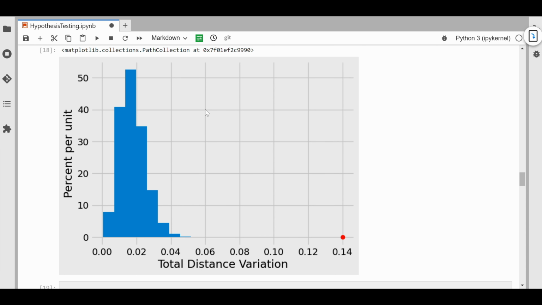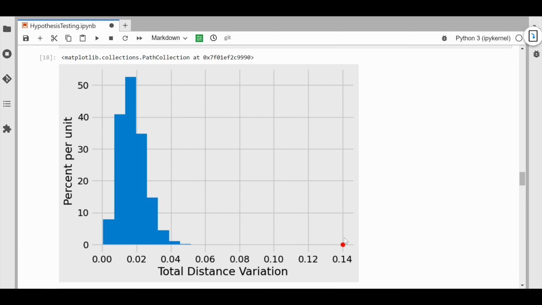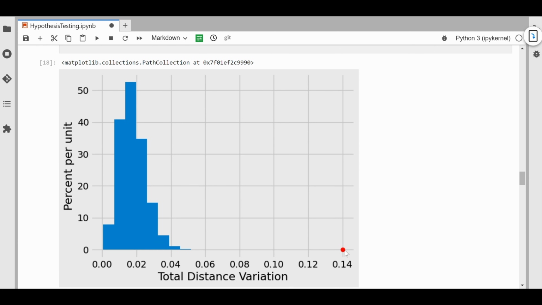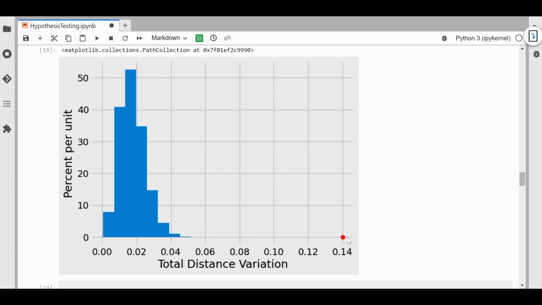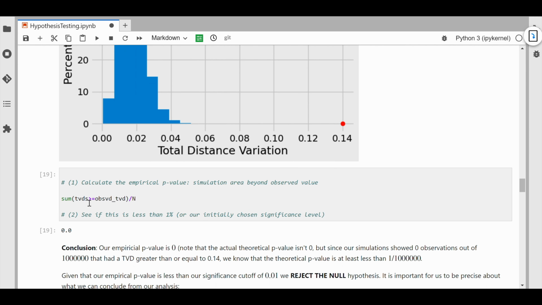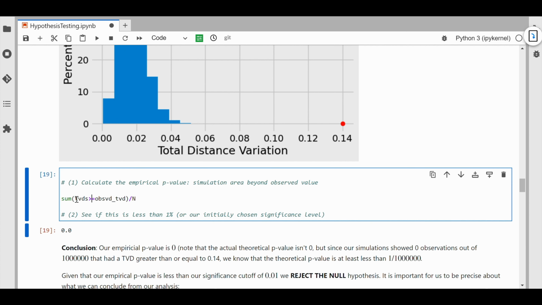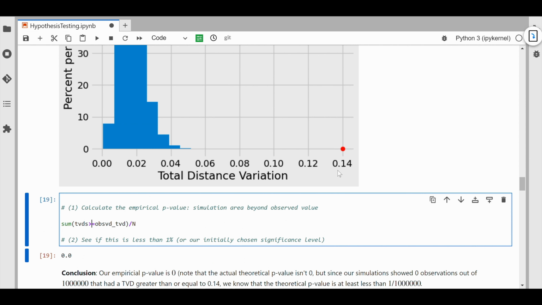So here's our visualization of our simulated distribution and then our actual observed test statistic. And now I want to calculate the empirical p-value. I'm calling it empirical because I'm using the simulation to get the p-value. So out of my array here of all my TVDs, I want to see how many of them are greater than or equal to 0.14 out of the total number that I did.